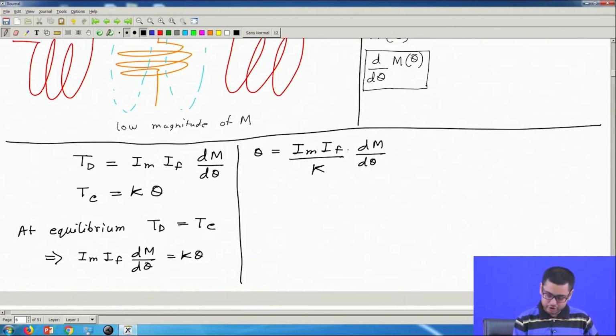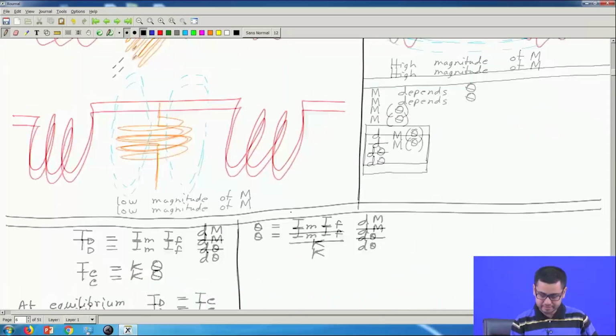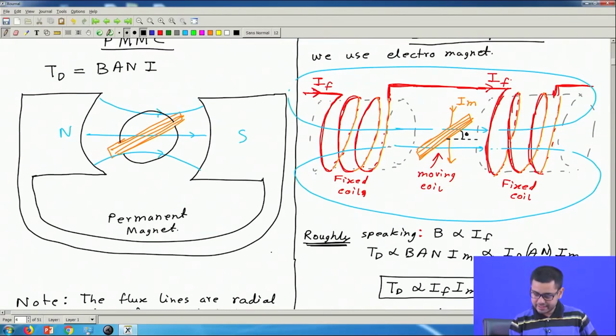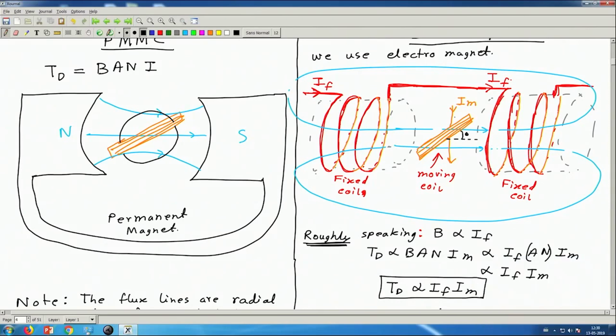Now, the last thing I will discuss in this video is that in this arrangement we have one current through the moving coil, another current through the fixed coil.